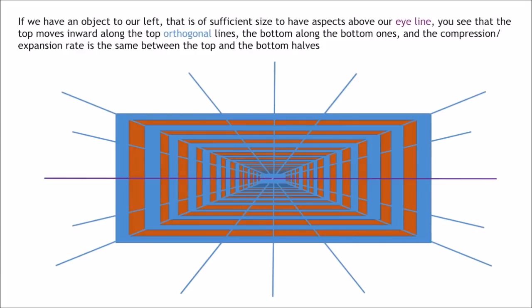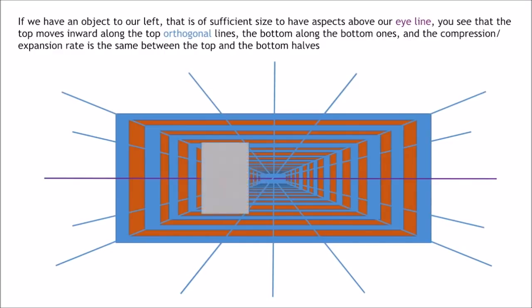If it starts out below the eye line, it always is below the eye line. If it starts out above, it's always above, and so on and so forth. And again, you just model these according to orthogonal lines, descending and ascending, or converging left, converging right, whichever dimension you're looking at it from.